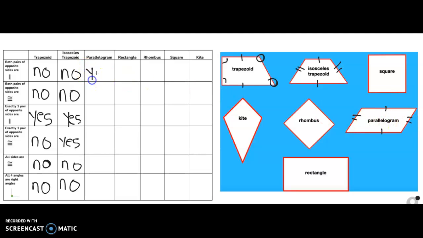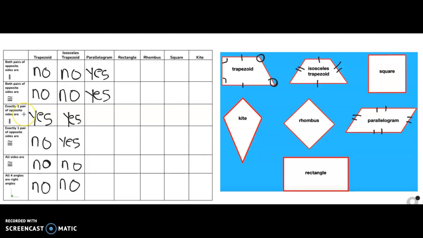So that would be a yes. Both pairs of opposite sides are congruent. Well, let's take a look. This length right here and this one right here are congruent. That means they're exactly the same length, as well as this side right here on the left and this one right here. These two are congruent to each other, so this would be a yes.